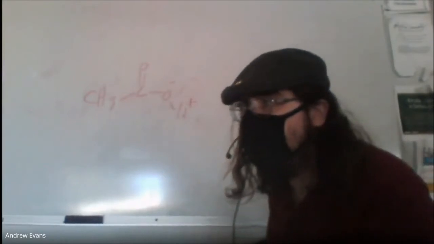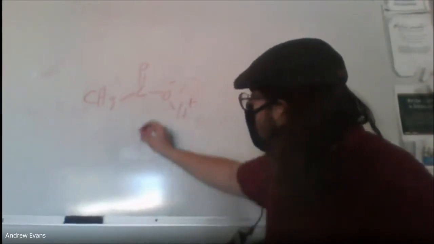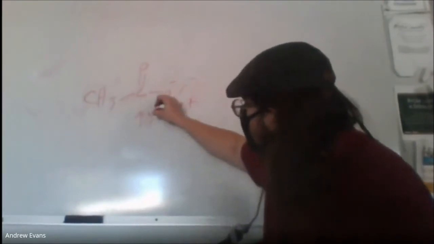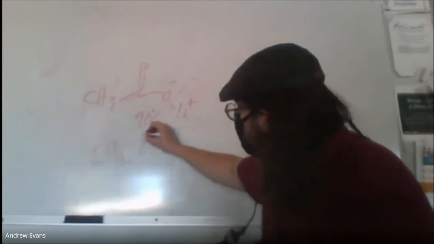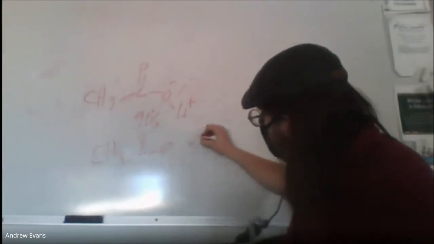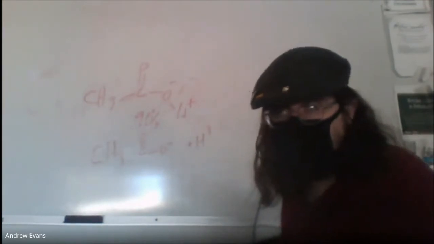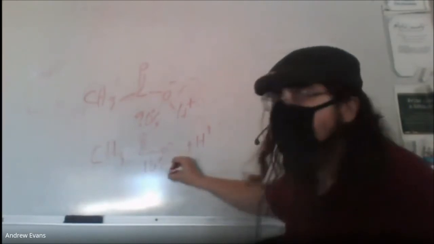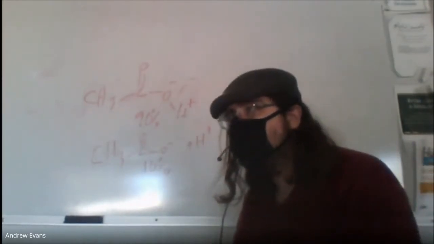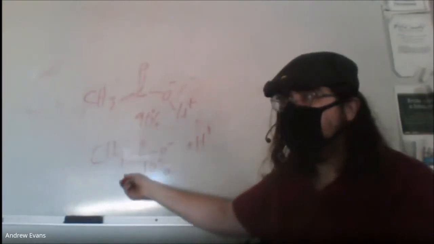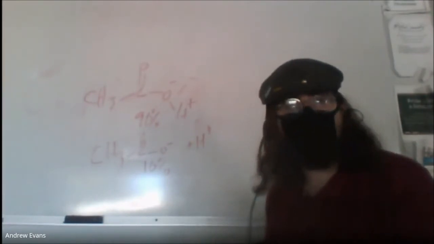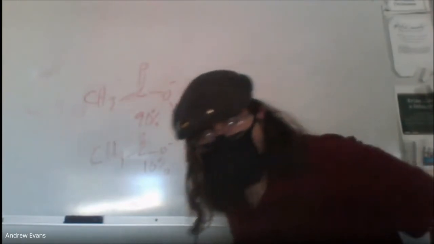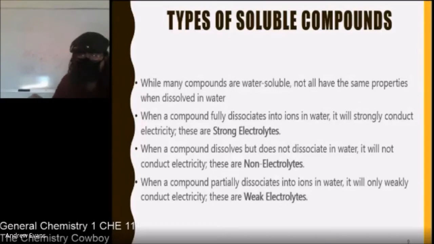We're going to produce ions, but you're going to have, say, 90% of it being the basic compound and 10% of it breaking into the ions. So on average, you have mostly not ions and a little bit of ions, as opposed to if I did NaCl, it's going to break into 100% Na plus and 100% Cl minus. So that's what it means to be a weak electrolyte. It only partially breaks apart.